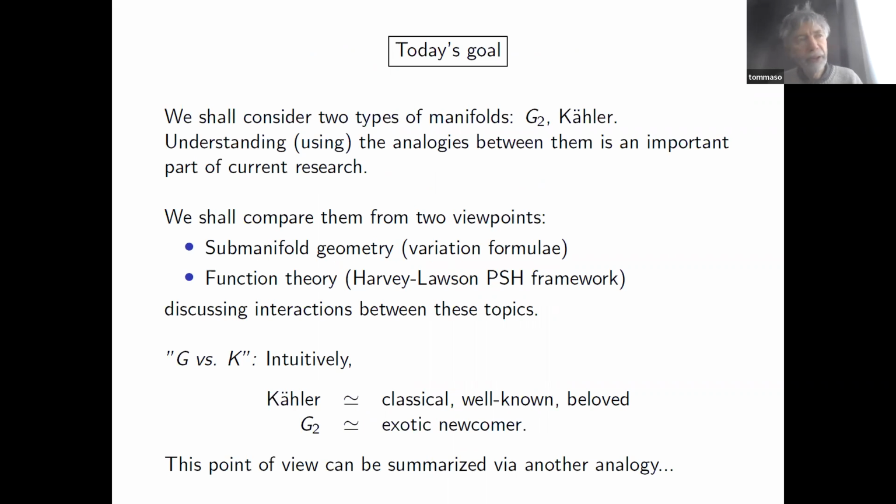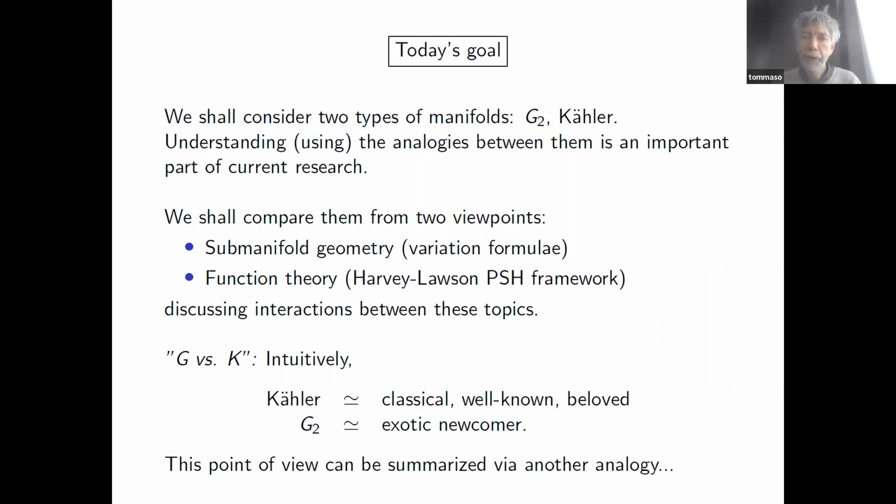G2 geometry is instead much more recent, and perhaps the main impulse in this direction only started perhaps 20 years ago. So we can consider it a new exotic type of geometry. It has some analogies with Kähler geometry from various points of view.